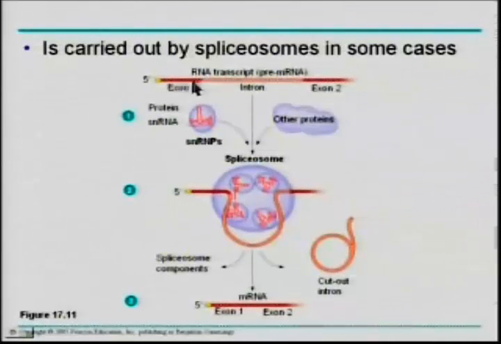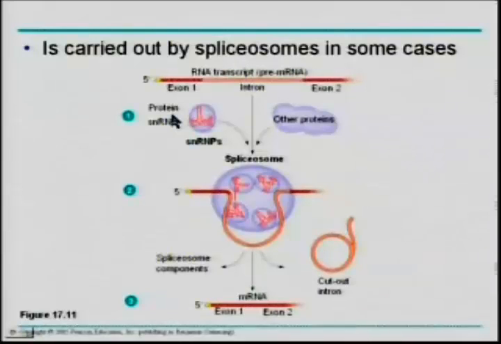Here we see the RNA transcript that is the complement of the template DNA strand. The gene in the template DNA strand has an exon 1, an intron 1, and an exon 2, and so on and so forth, whatever it may be. We're at the 5' end here, the RNA transcript, or the pre-mRNA.